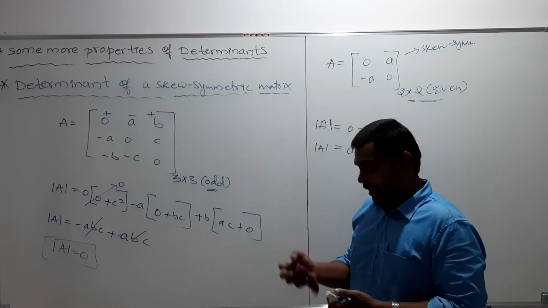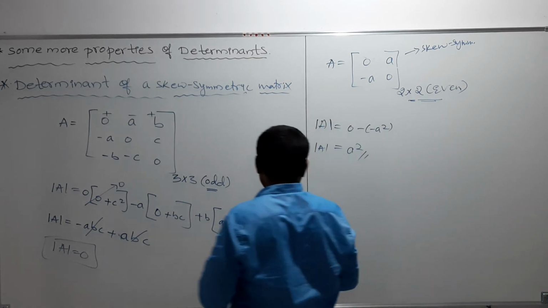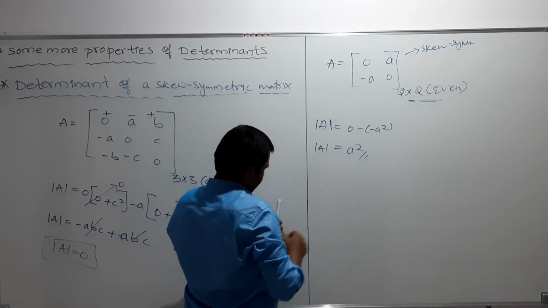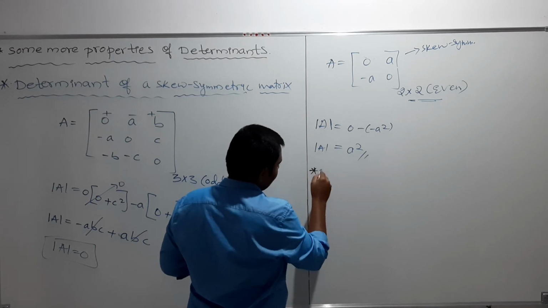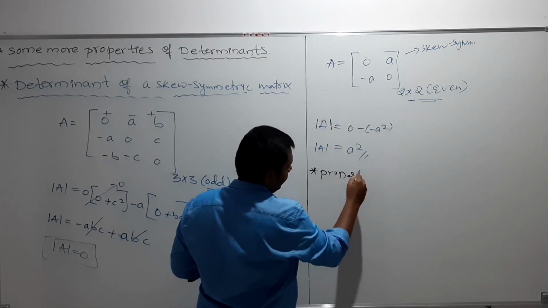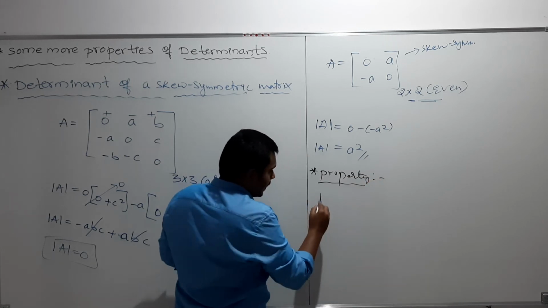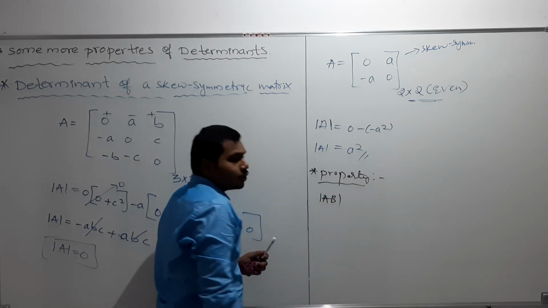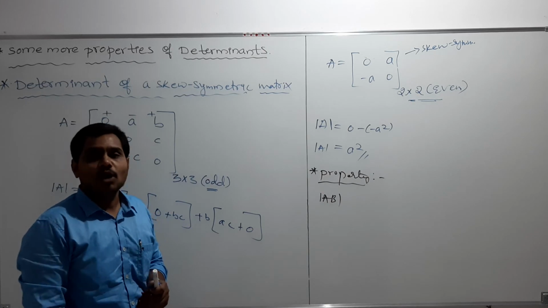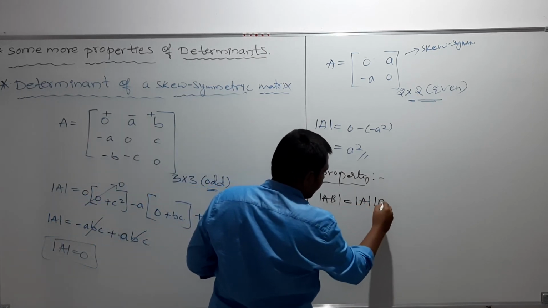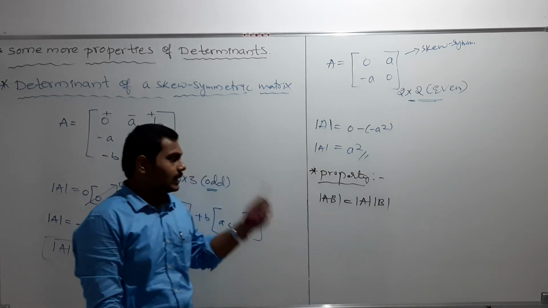Next, we will have another property, my dear students. Another property I will tell you: if A and B are two matrices of the same order, then determinant of AB is equal to determinant of A into determinant of B. Clear, my students?